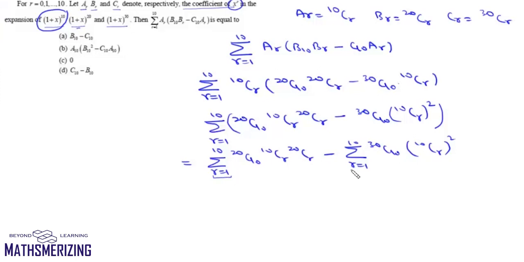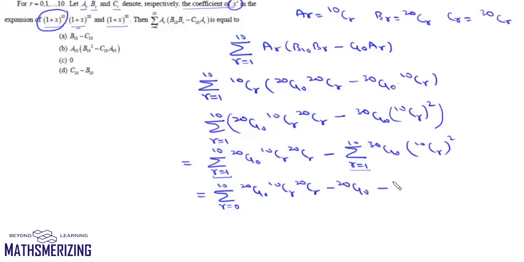Now the problem is the summation starts with 1. We need to start it from 0. So what we'll do is I'll write it as summation r varies from 0 to 10, 20C10, 10CR into 20CR, and since we have added one term and that is 20C10, 10C0, 20C0 which is 1, so I need to subtract 20C10 from it.